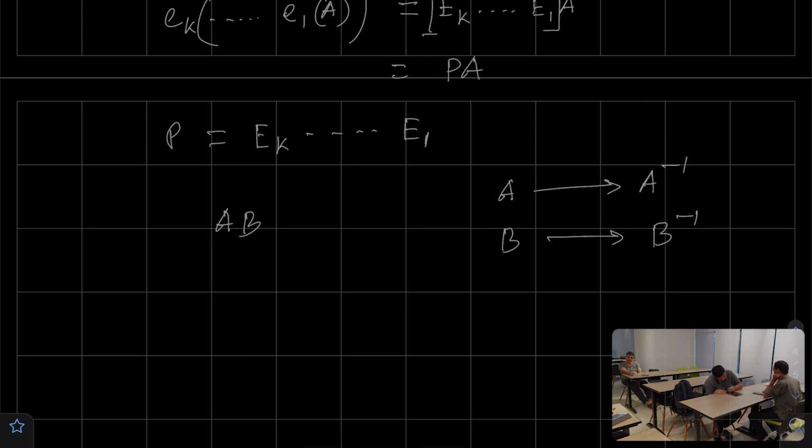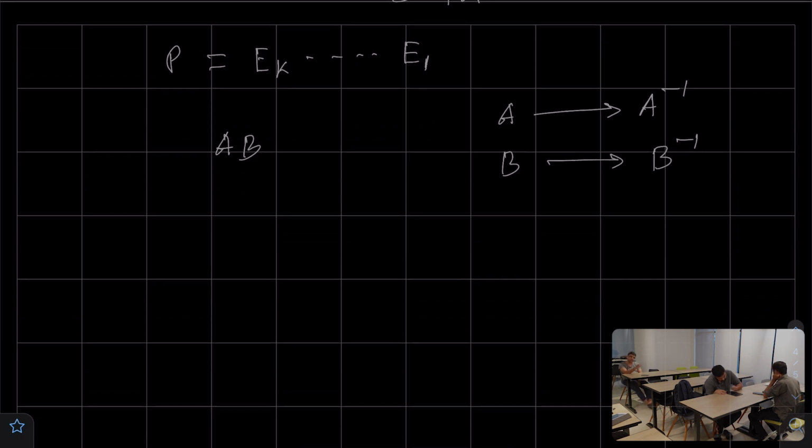So A inverse A is equal to identity, and B inverse B is equal to identity.